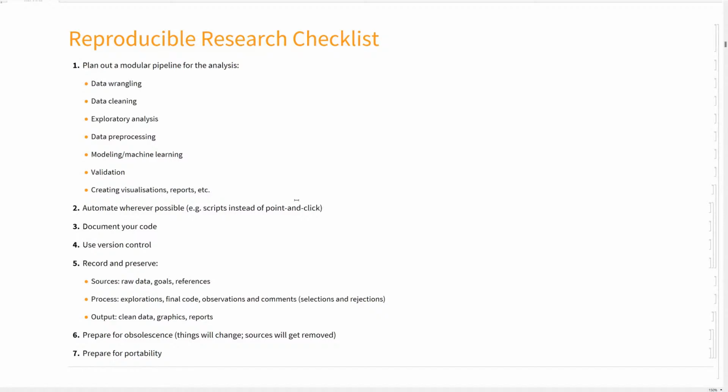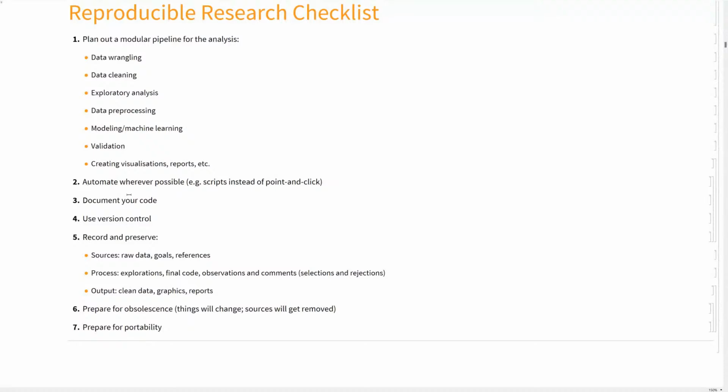So yeah, reproducible research checklist. Here we're just going through some steps of data science analysis. At the beginning, it will always be data cleaning, data formatting. And then we need to plan out what we're going to do.